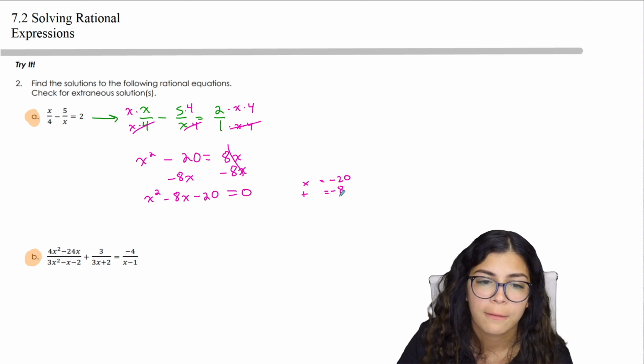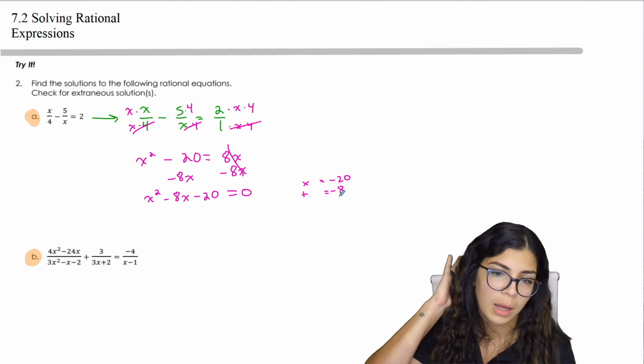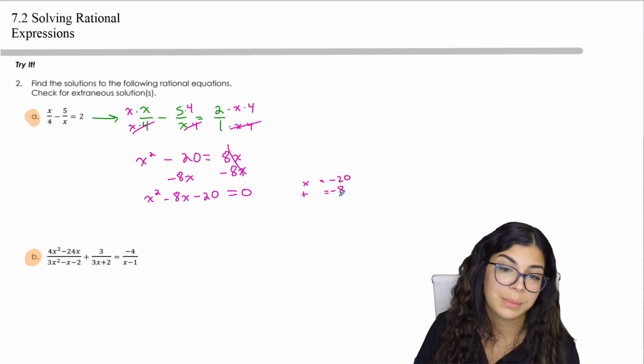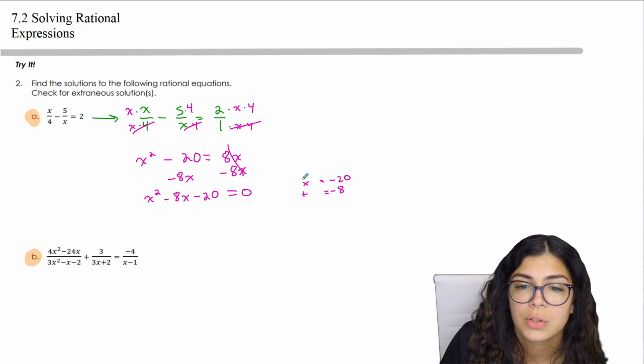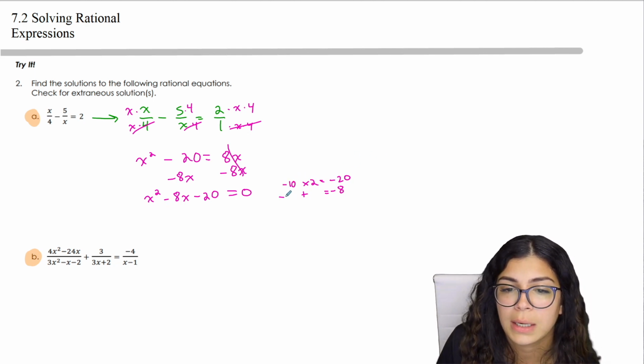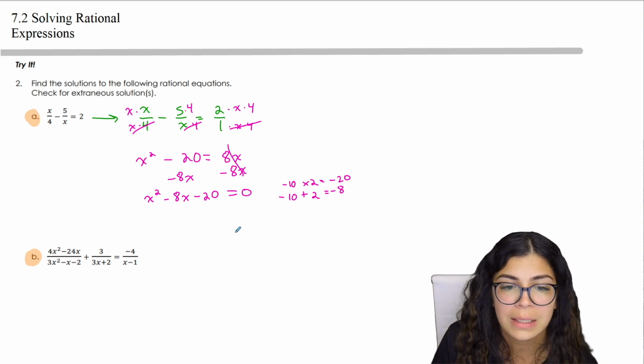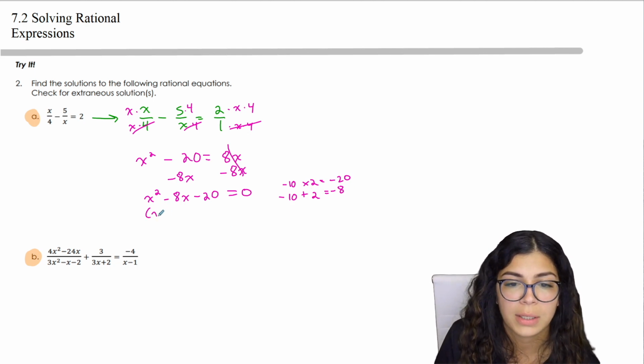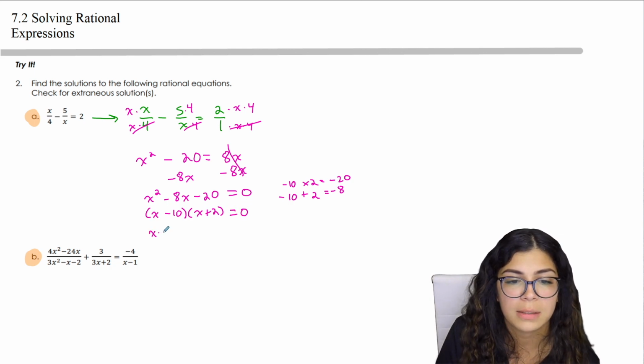Let's see, 4 times 5, no. 2 times 10. Yep. So negative 10 times 2 would be negative 20, and negative 10 plus 2 is negative 8. So this will end up factoring into x minus 10 times x plus 2. So our two solutions would be x equals 10 and x equals negative 2.